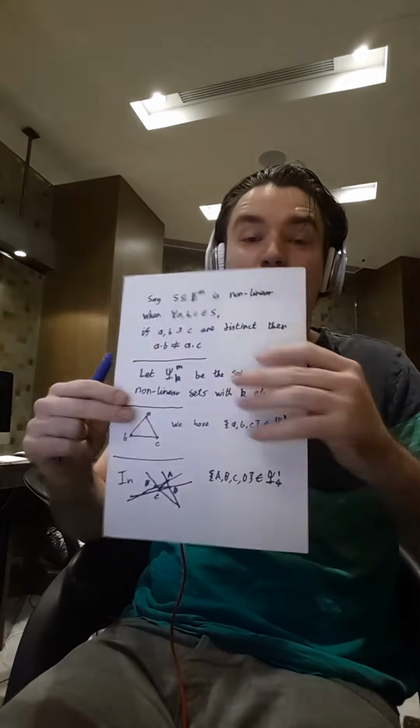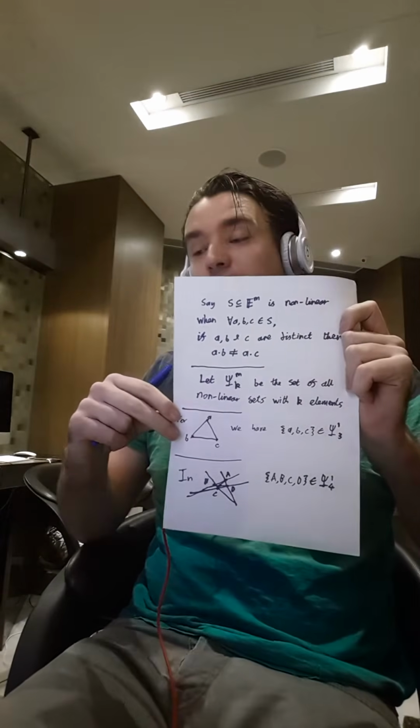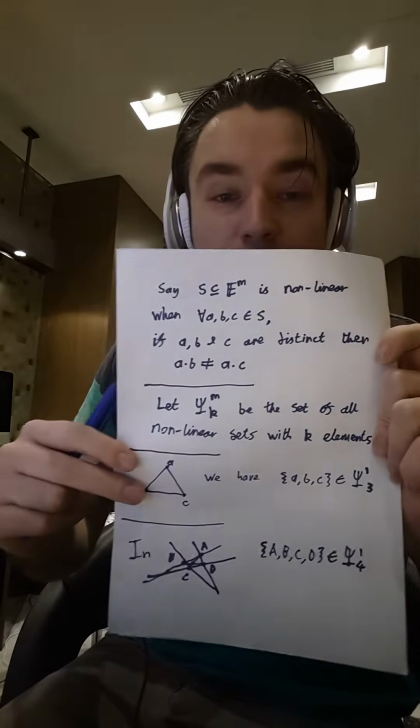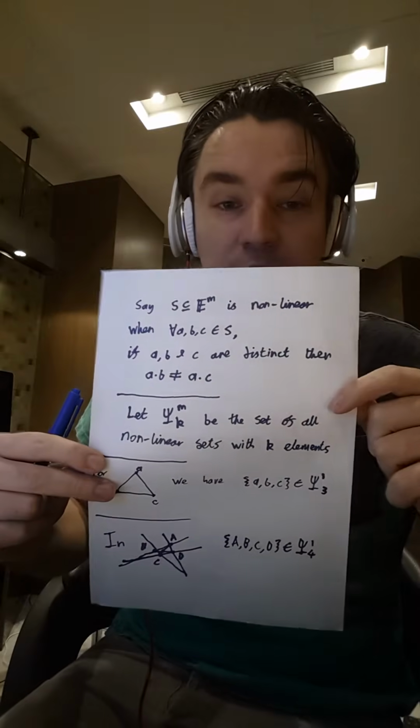So I don't know which one to talk about first. Okay, let me get this idea out of the way, because I think this is quite a powerful idea, and I think hopefully it might even be novel. It seems to make it a lot easier to talk about a lot of things in projective geometry.